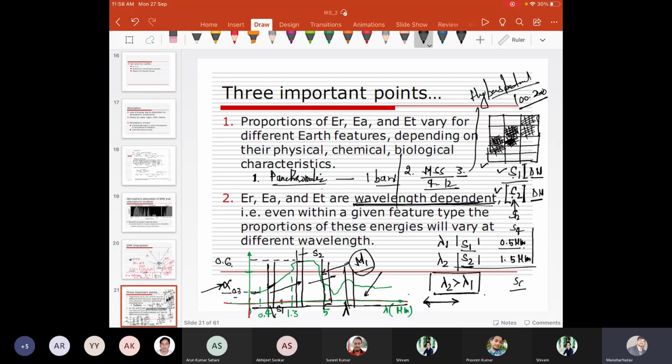Like even within the vegetation, there are subclasses of the vegetation that can be identified. Why is it so? Because very small changes can be identified, can be recorded in these large number of bands. Though this part I will discuss later on.